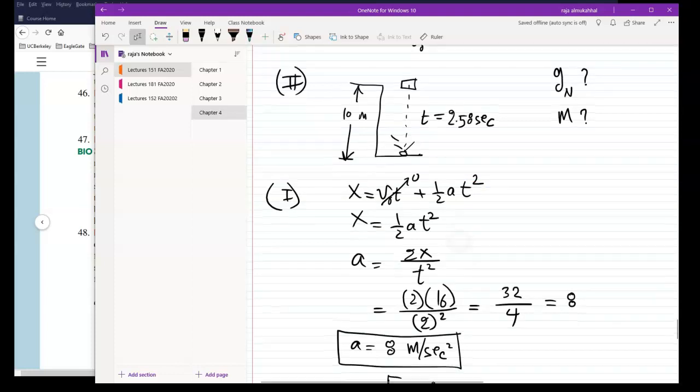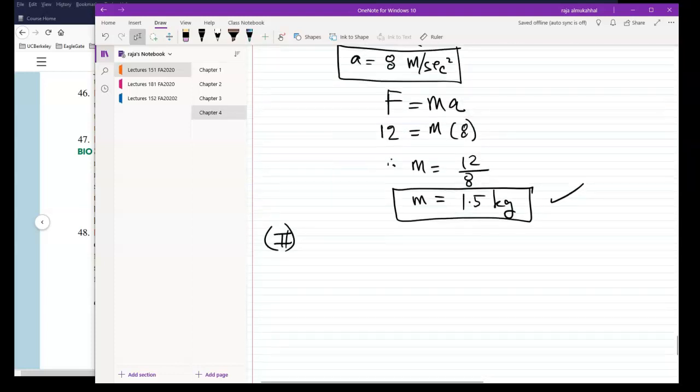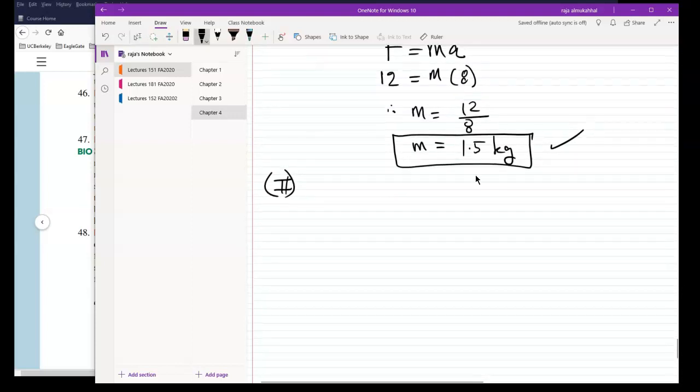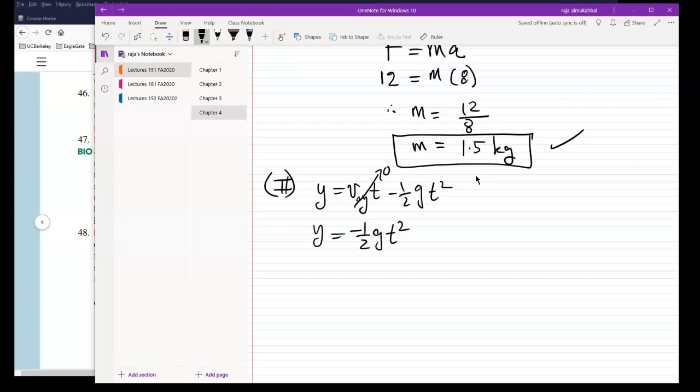Maybe the usual one, the default one: y equals v naught t minus 1/2 g t squared. Of course the initial velocity is 0, so y equals minus 1/2 g t squared, and the y here is negative 10.